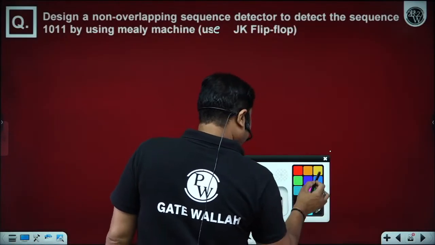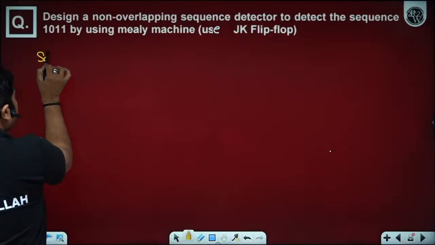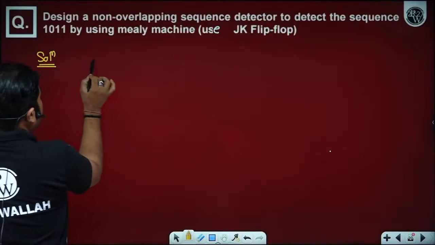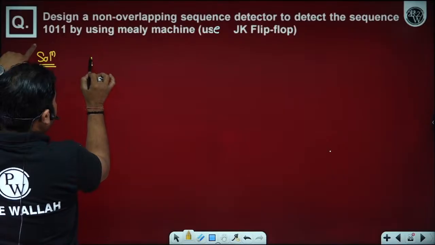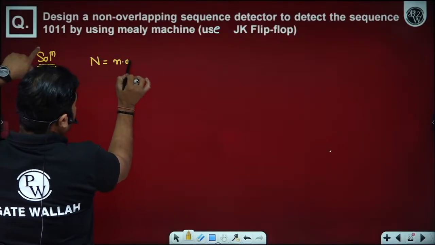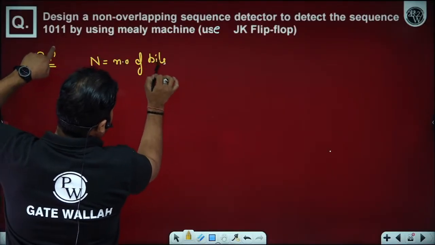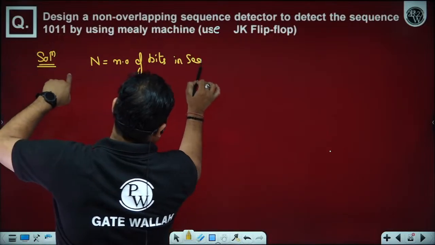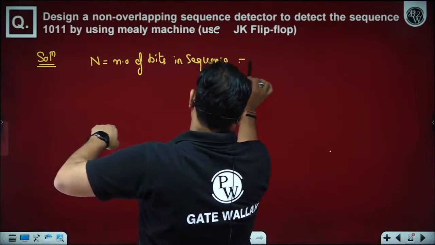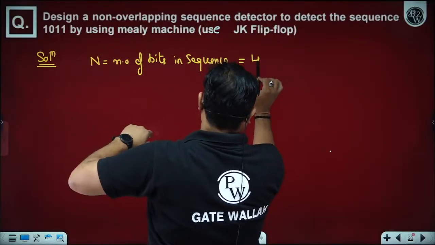So how many states are there? Now please observe, I am solving this question properly. The number of bits in the sequence n is equal to 4.